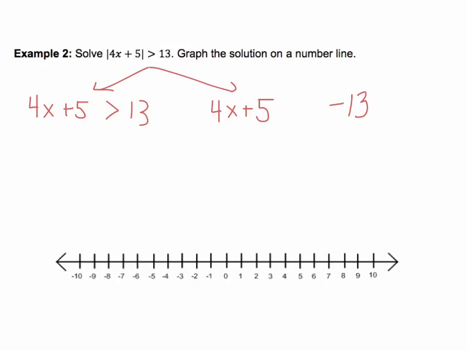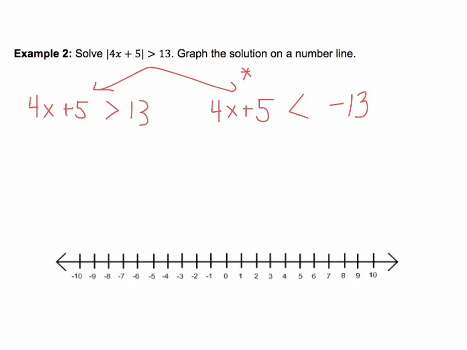Well, people, in this second little inequality, I made a sign change. I switched positive 13 to be a negative 13. Anytime I switch that sign on the other side of the inequality, I am responsible for flipping the inequality symbol to compensate for that sign change. So instead of having a greater than symbol, I have to write a less than symbol. So you might want to write yourself a little note.